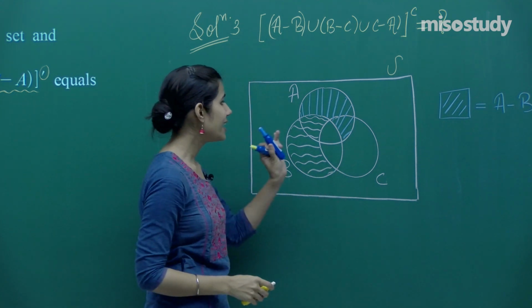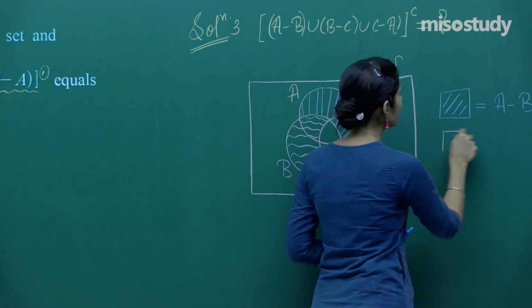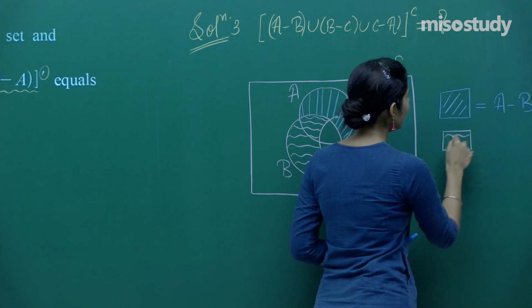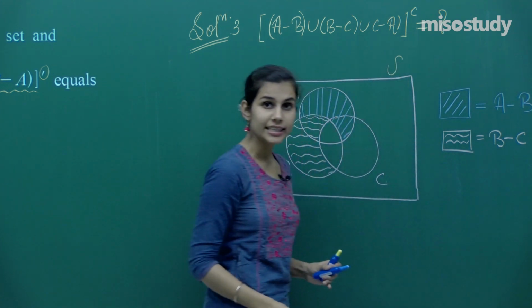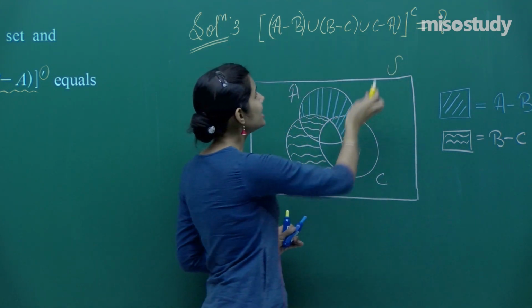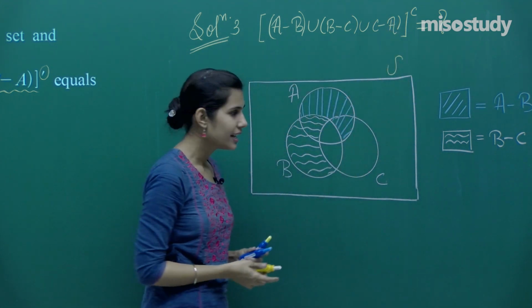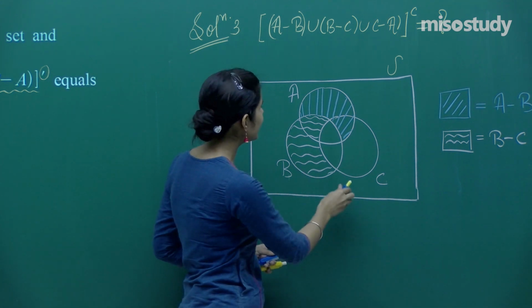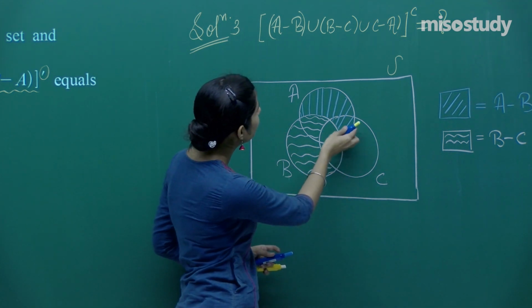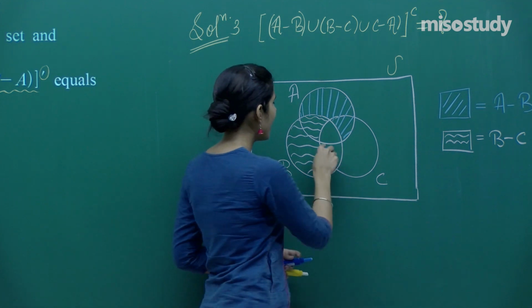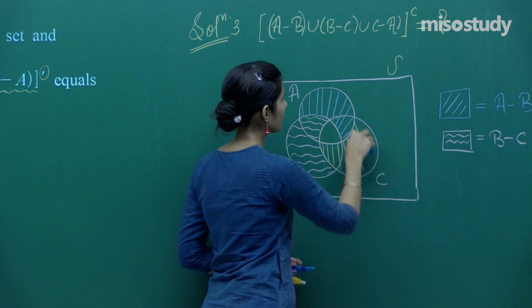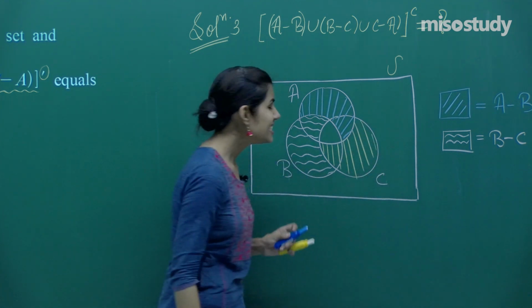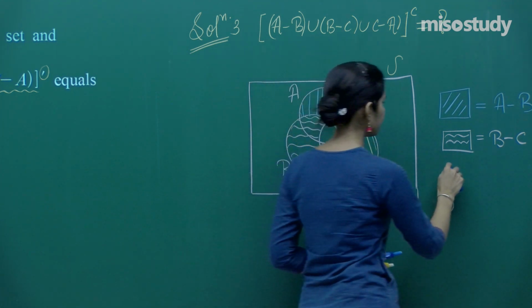This portion is when I have removed C from B. So this is B minus C. The third portion is C minus A. That means from C I have to remove the portion of A and I will get this. This is my C minus A.